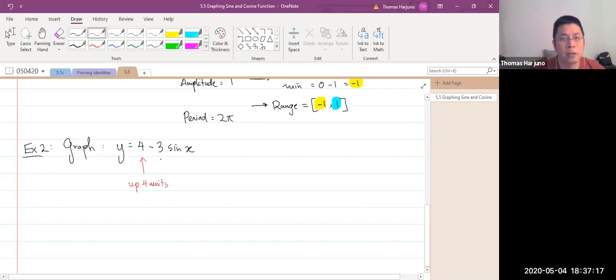And then this 3 here is a vertical stretch by 3 times. And this negative here is a flip with respect to the x-axis.